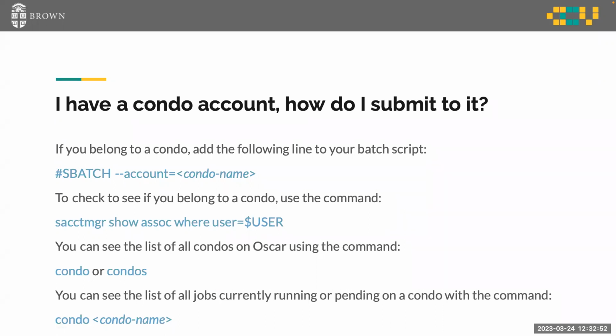If everybody's not using it, you get next to run access on those nodes. But if all of your lab mates are submitting jobs at the same time, you're bumping up against them using those same resources. So every user counts against the condo's resources. You can think of it as a little mini cluster almost. Does that make sense? Okay.